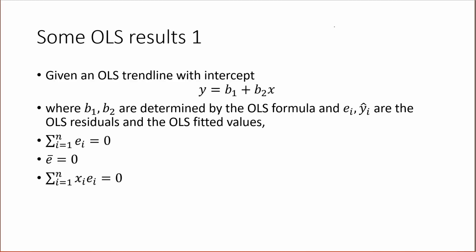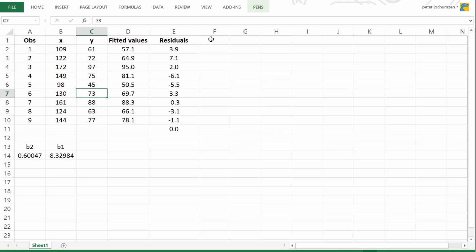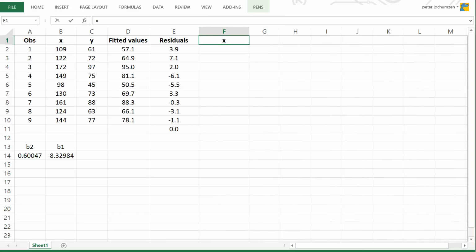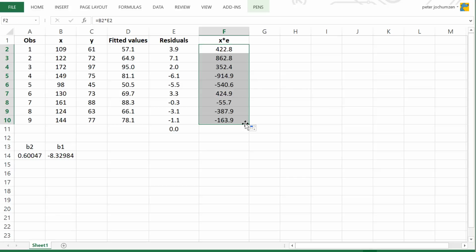First, let's check it. Let's actually insert a new column. If I do x times e here, so I take my x variable and multiply it by my residual, copy this down, and then sum all of these, then this sum will also be exactly equal to 0.